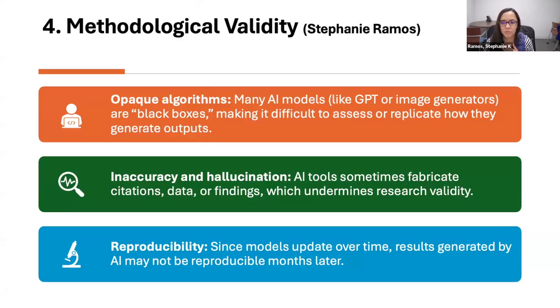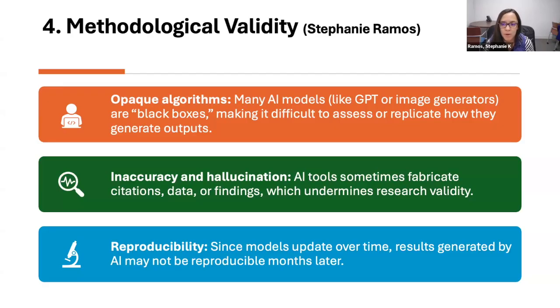But we're also looking at methodological validation. So we know AI is transforming research, but it's not doing so without a lot of complications. So some of the concerns that we discussed, and I really appreciate David's work for putting this presentation together, is thinking about these opaque algorithms.